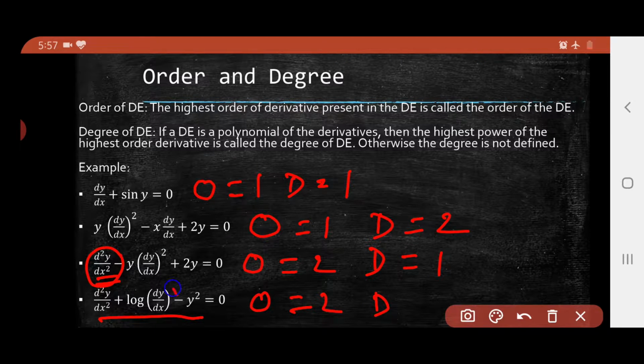As you can see, there is a term here, log of dy by dx. So a derivative is inside a log function. Now this is not admissible in case of a polynomial. So therefore this differential equation does not have a degree, or you can say the degree is undefined, right? So these are how the order and degree of a differential equation is identified.